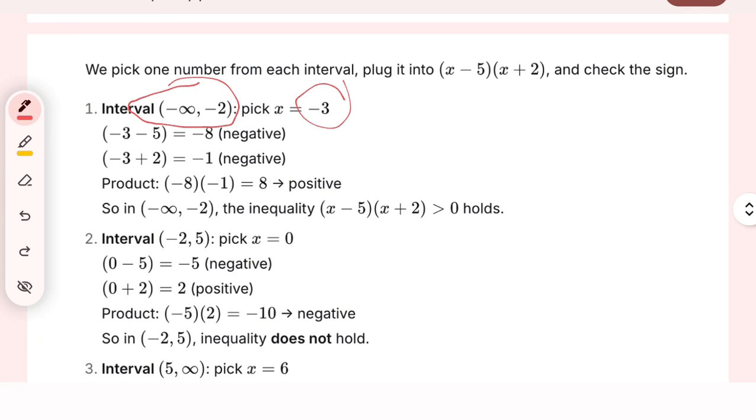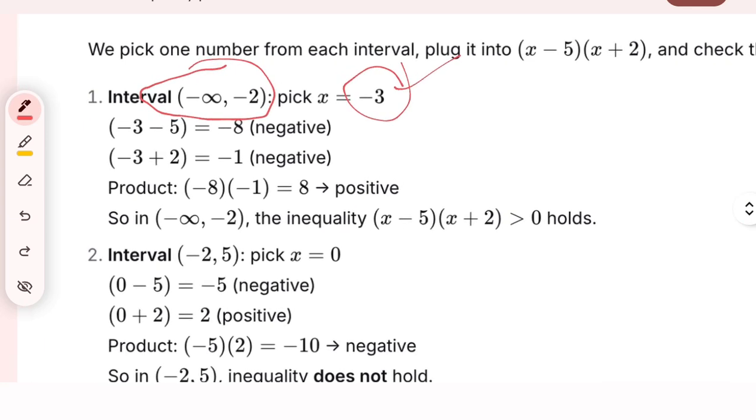Just pick any number within that interval so we can test it. I selected negative 3, and I will substitute negative 3 into the original inequality.